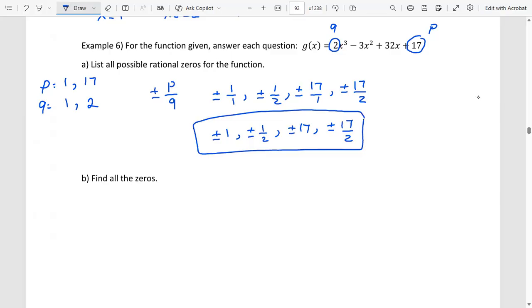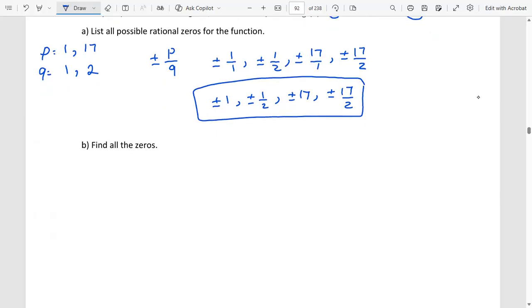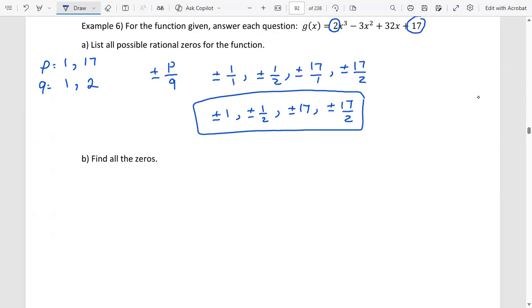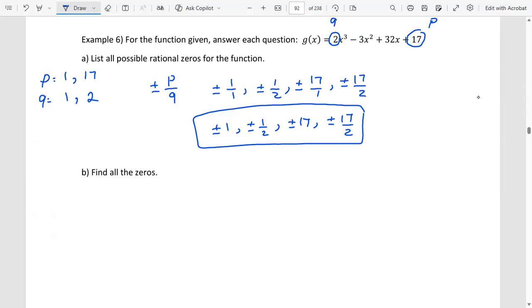These are possible values, but not all of them are the zeros. Now, how do we find all the zeros? Using synthetic division. So for this polynomial, that's a degree 3. No term is missing. So I can use synthetic division and divide each time by one of these possible values.